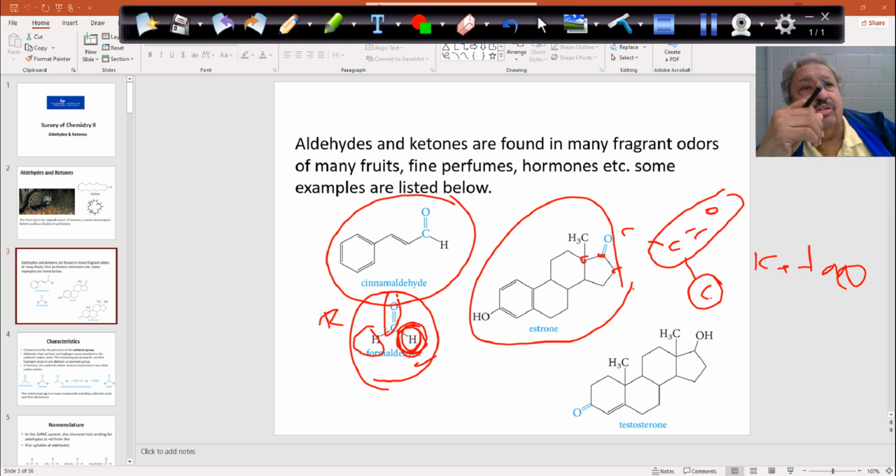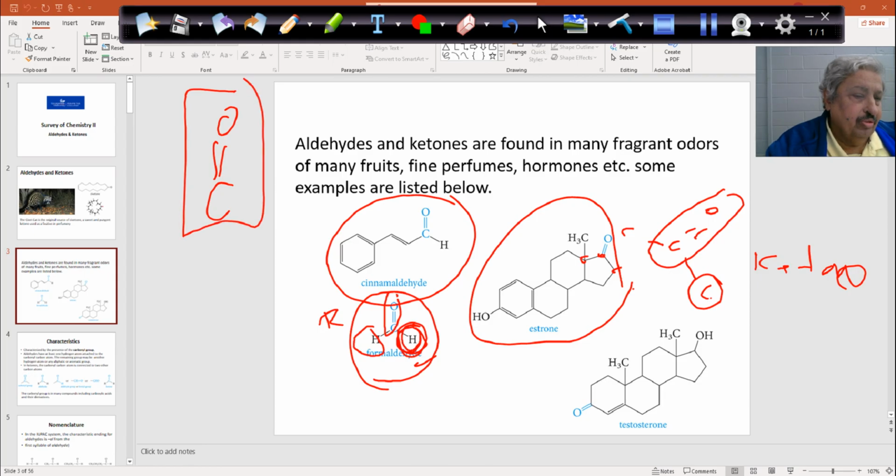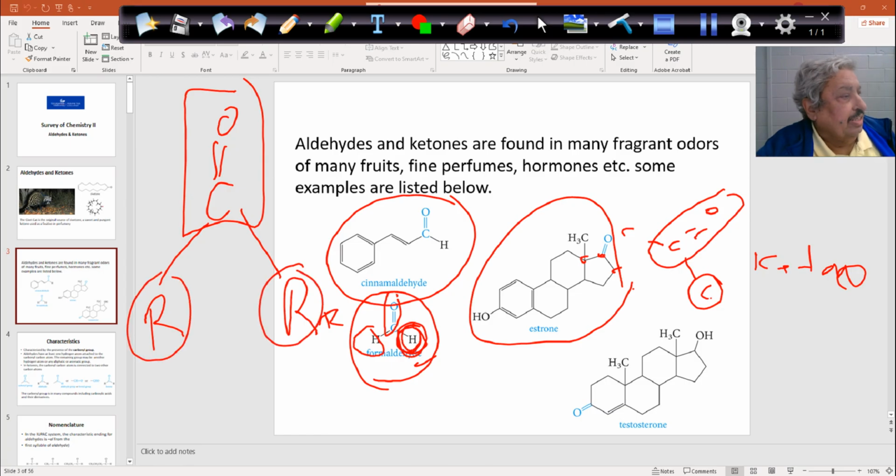The aldehydes and ketones, the difference between them is their structure itself and their chemical reactions. The structure of a ketone is a keto group or a carbonyl group connected to two alkyl groups. That's a ketone group, or a keto group, or a ketone.